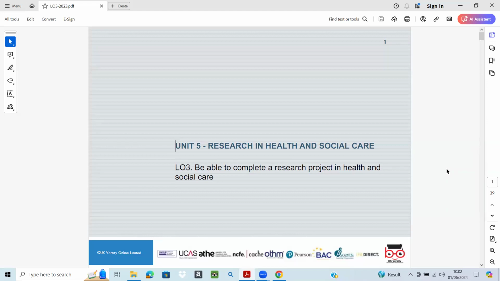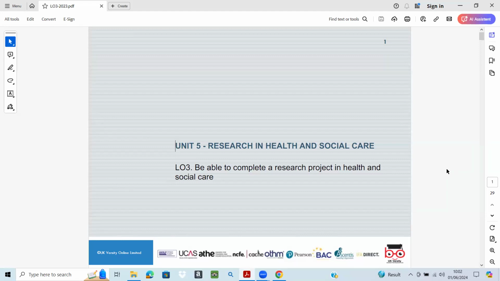So in learning outcome 3 for Unit 5, what we need to do is be able to complete a research project in health and social care.